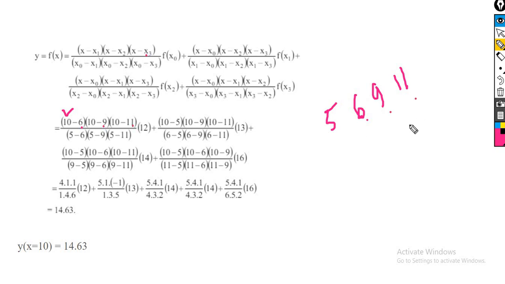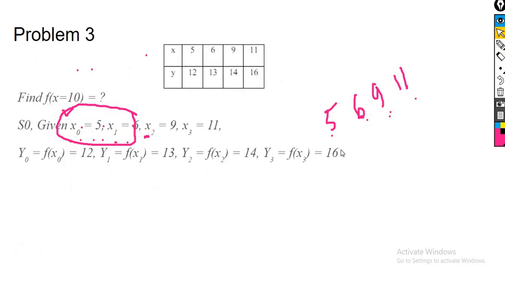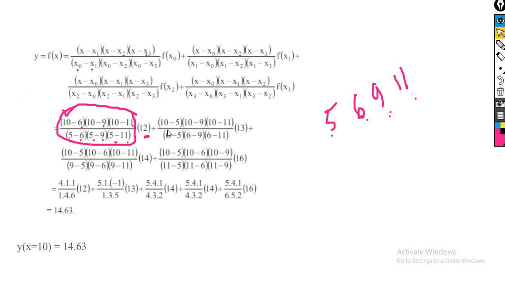Now what is our x0 value? x0 value is 5. So what you have to do: x0 minus x1, so 5 minus 6, 5 minus 9 for x2, and 5 minus 11. So you'll have the coefficient value over there, multiplied with the function value, the function at x is equal to x0. This is 12.